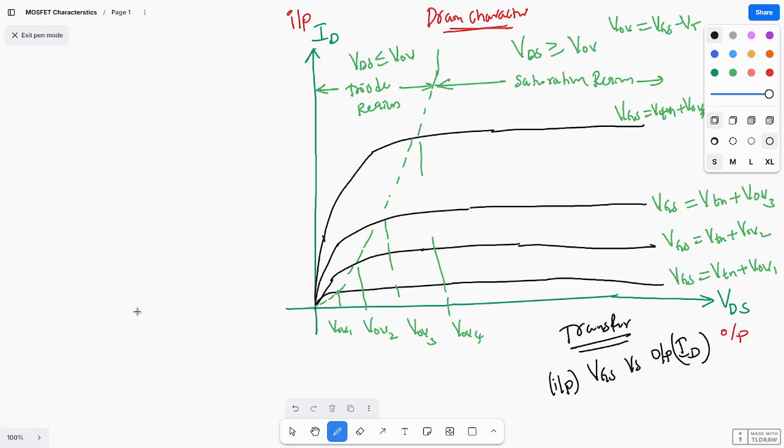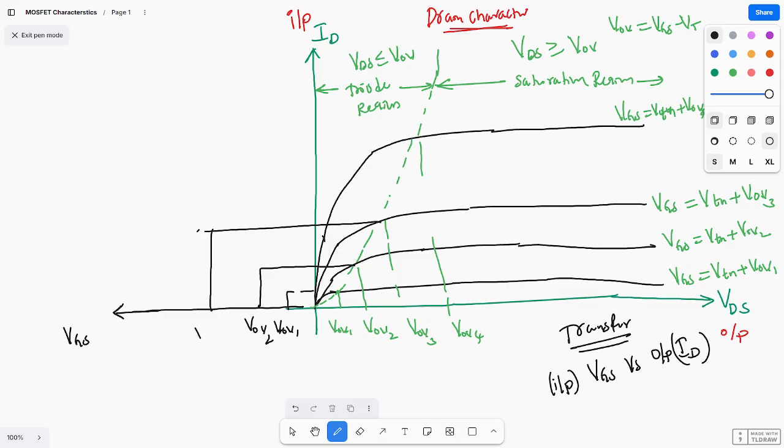So here, if you extend from the drain characteristics only, you will get the transfer characteristics. So here, this is VGS. You draw here this locus, this is VOV1, and here also you draw this locus, this is VOV2, and here also you join, and you are getting VOV3, and here if you join, this is VOV4.